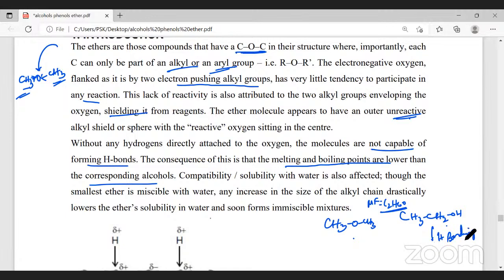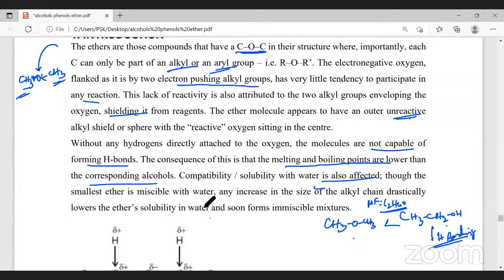Since hydrogen bonding is possible, the boiling point and the melting point of alcohols will be higher. But in case of ether, this oxygen is shielded by these CH3 groups, big bulky groups. Therefore, oxygen cannot form a hydrogen bond. Therefore, the boiling point and melting point of ethers will always be less than the boiling point and melting point of alcohols. Solubility with water is also affected.